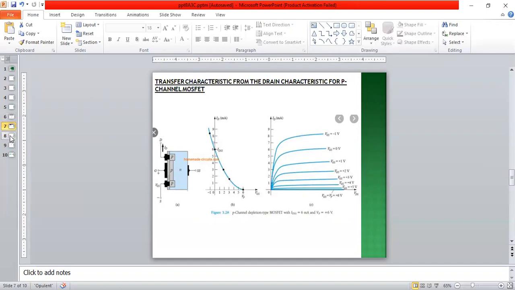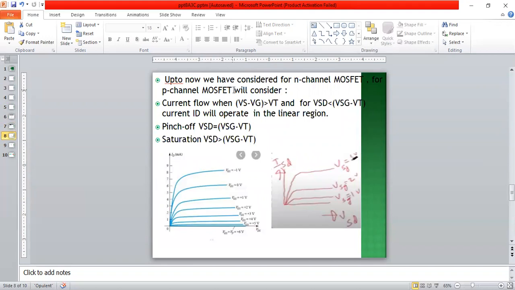Up to now, we have considered the N-channel MOSFET. For P-channel MOSFET, we will consider current flow when VSG, that means Vs minus Vg, is greater than Vt. For VSD less than VSG minus Vt, current ID will operate in the linear region. Pinch off will be when VSD equals VSG minus Vt.